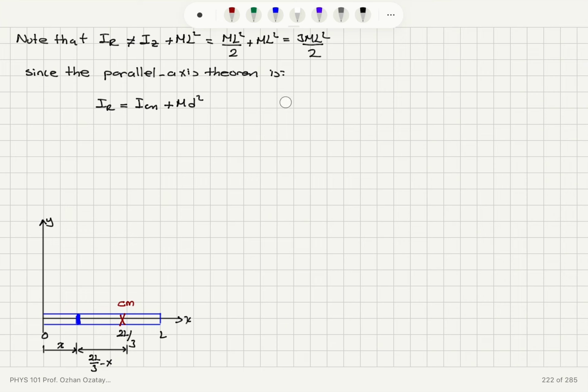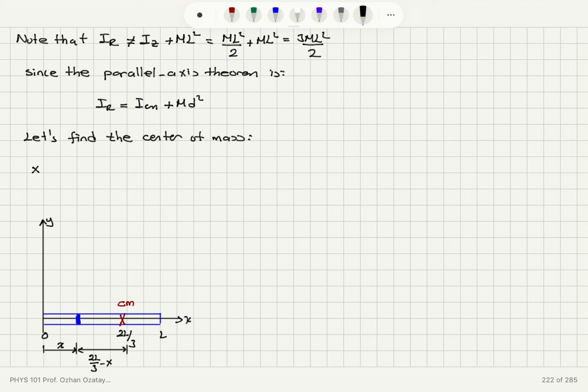We have to find the location of the center of mass to calculate it using this theorem. So let's do that. Let's find, for exercise, the center of mass of this rod.